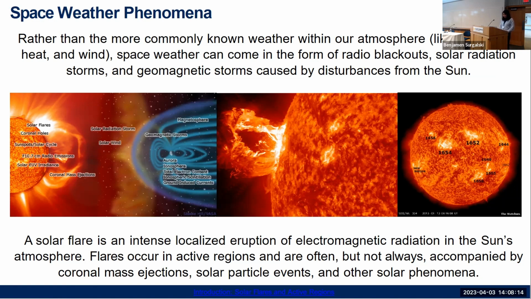So essentially, a solar flare event is a very intense localized eruption of electromagnetic radiation in the sun's atmosphere. So essentially, I'm zooming in into one of the regions in the sun. There's a very bright patch in the middle, and then all of a sudden energy built up, and then it erupted. And this is a particular solar flare event.